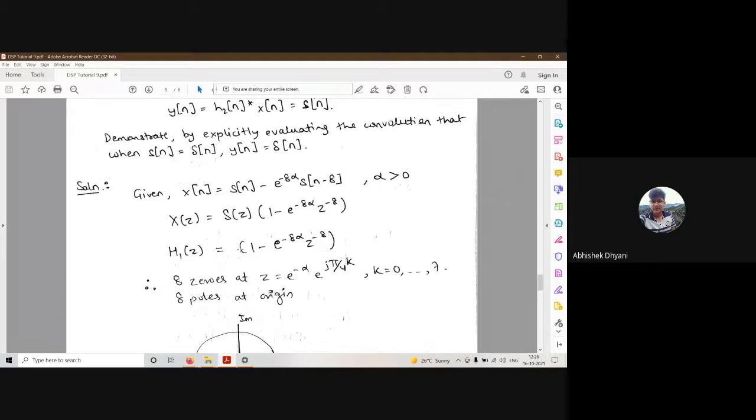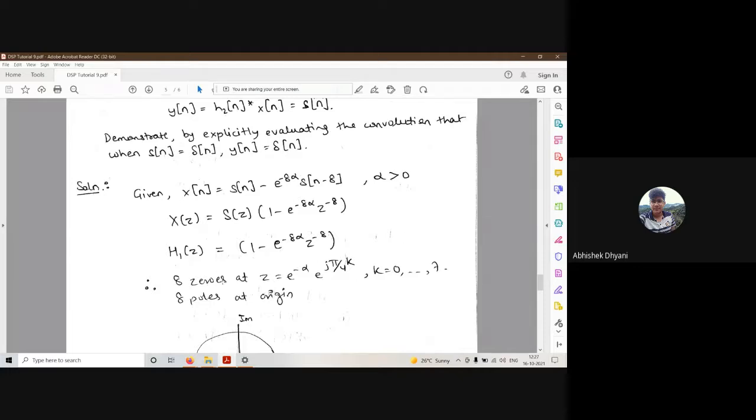Now, when we have to plot the poles and zeros in the z plane, we can directly see that this part is the numerator. So the zeros are at z equal to e raised to the power minus alpha, e raised to the power j pi by 4 k, right? This is like calculating the nth roots of unity, which lie on the unit circle at 1, omega, omega square.